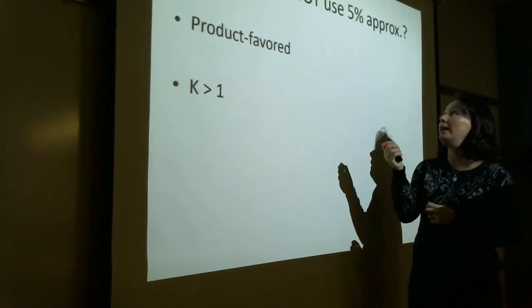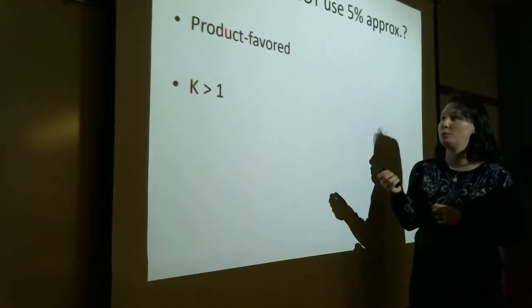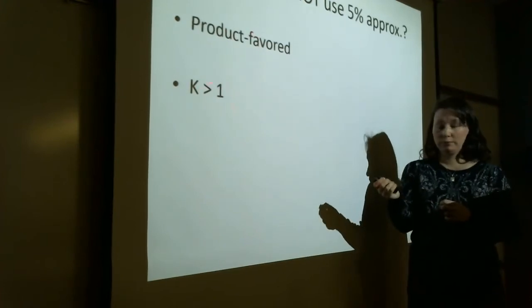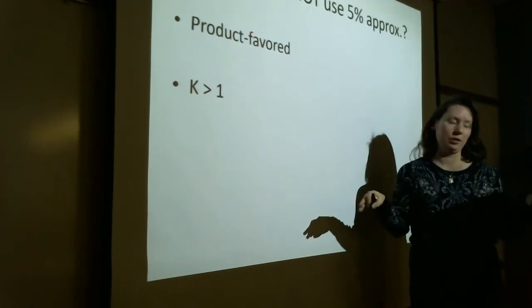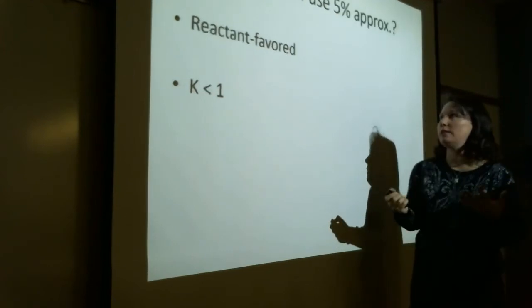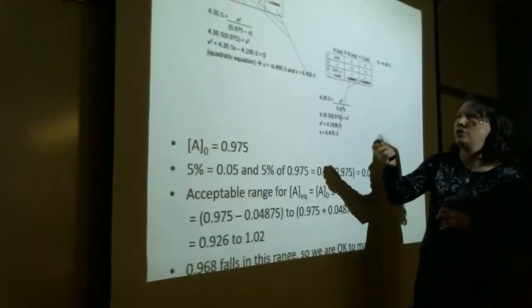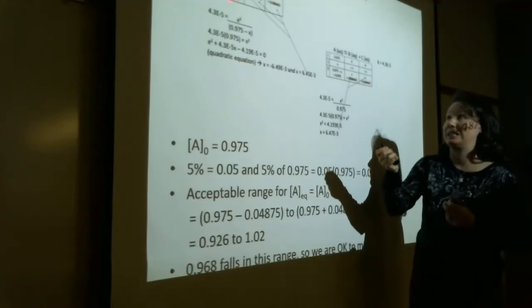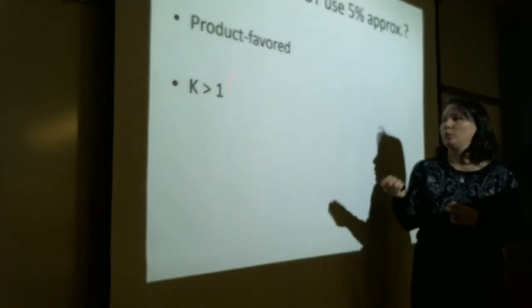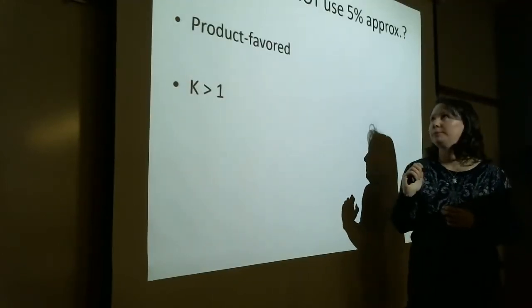And when can I not use the 5% approximation? If it's product favored. In other words, if K is greater than 1, I can't use this approximation because the assumption is that A is not changing. Well, if it's product favored, then A is going to change a lot. So that's why I can't use it if it's product favored.